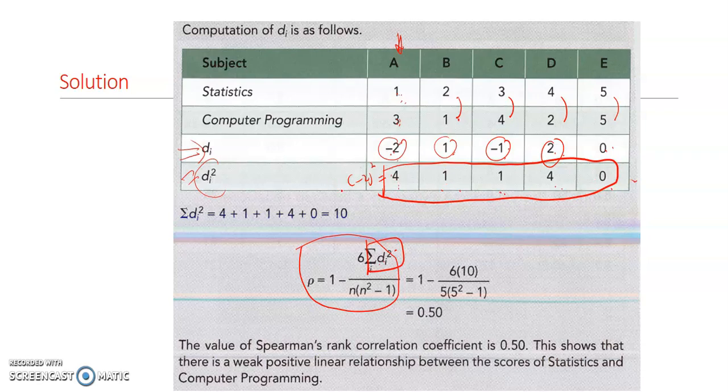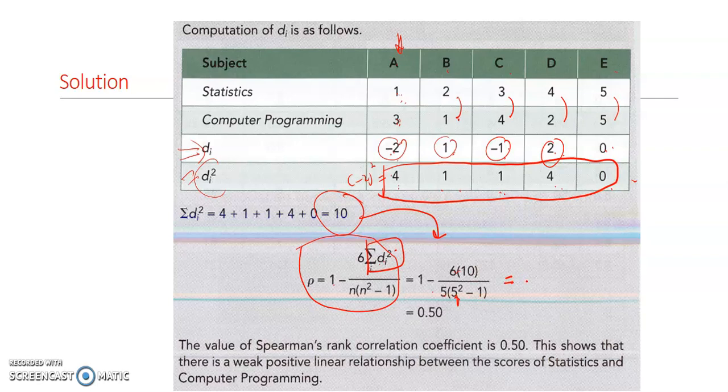Okay, after that, you can substitute this into the formula of rho. So in rho formula, we have 1 minus 6 multiply with total d square. So 6 multiply with 10 divided by n. So what is n? N is our number of observation. Since we have 5 students, A, B, C, D, and E, so n is 5. 5 multiply with 5 square minus 1. Alright?